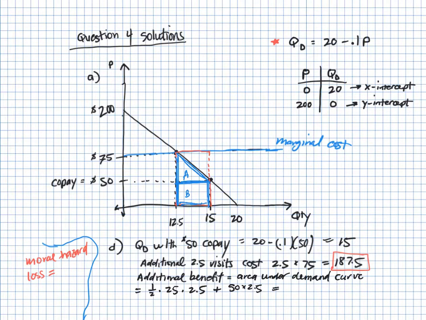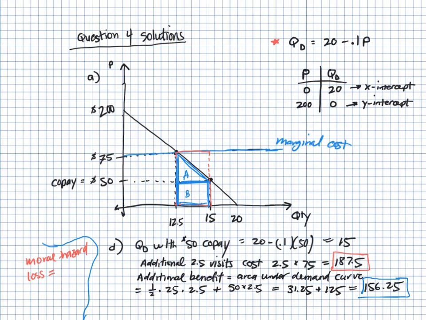So 1/2 times 25 times 2.5 is 31.25, plus 50 times 2.5, which is 125. We add those two things together, 31.25 plus 125, and we get 156.25. So the benefit Bob experiences is $156.25 worth. The cost is $187.5.